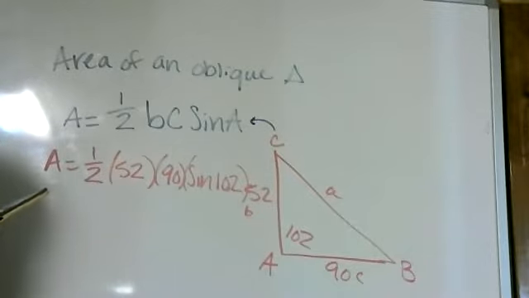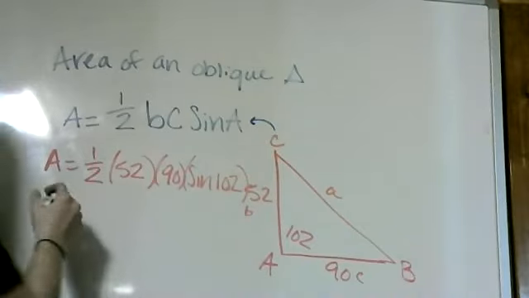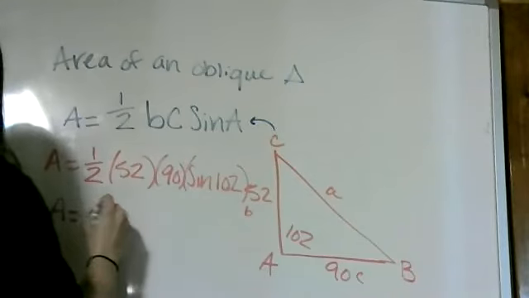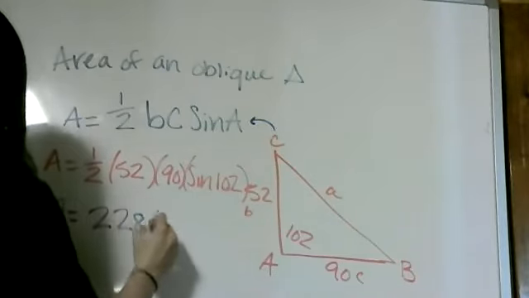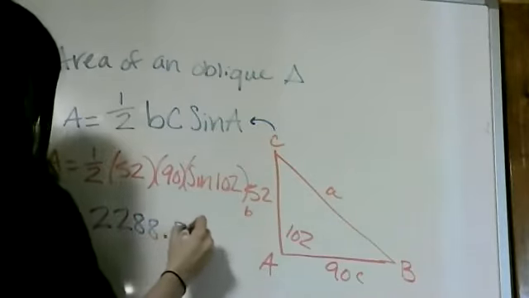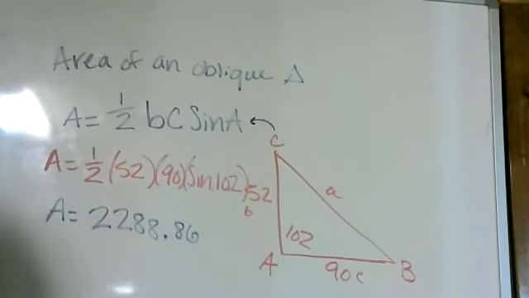Use all the parentheses necessary. We are getting a very large area, which makes sense because we have very large side lengths here. A is 2,288.86, and we weren't given a unit here, but it would be that unit squared, right?